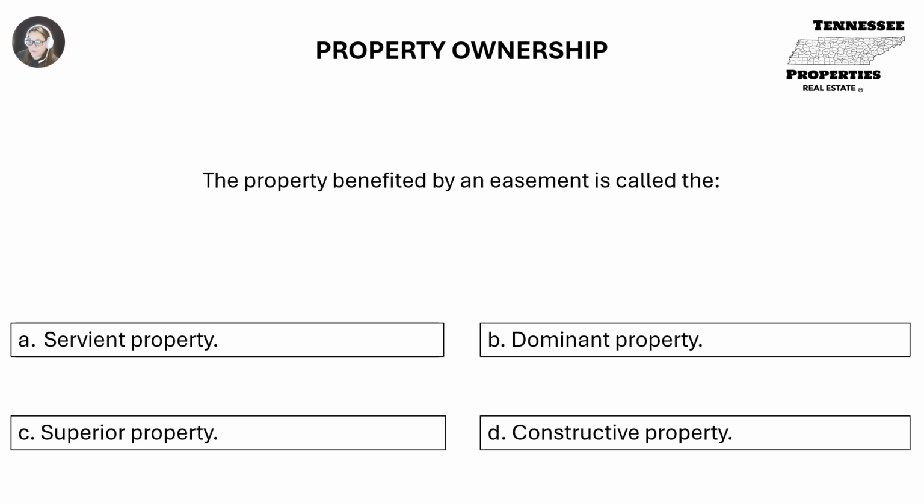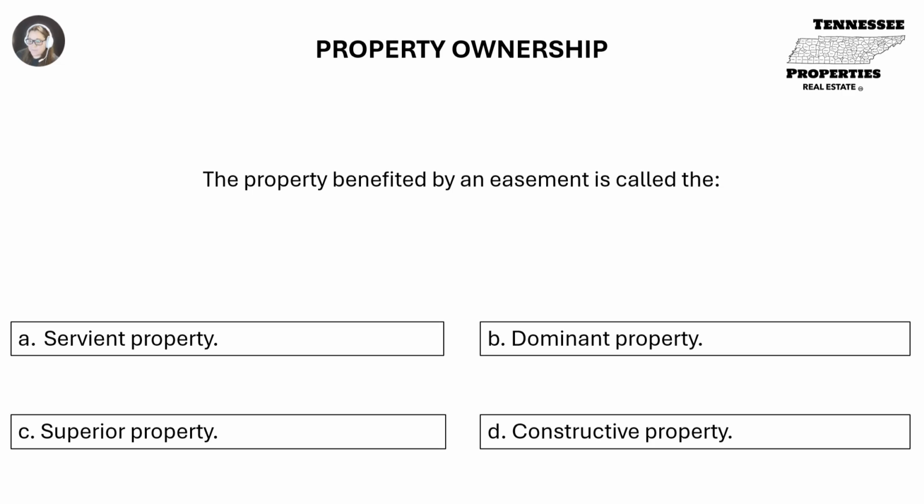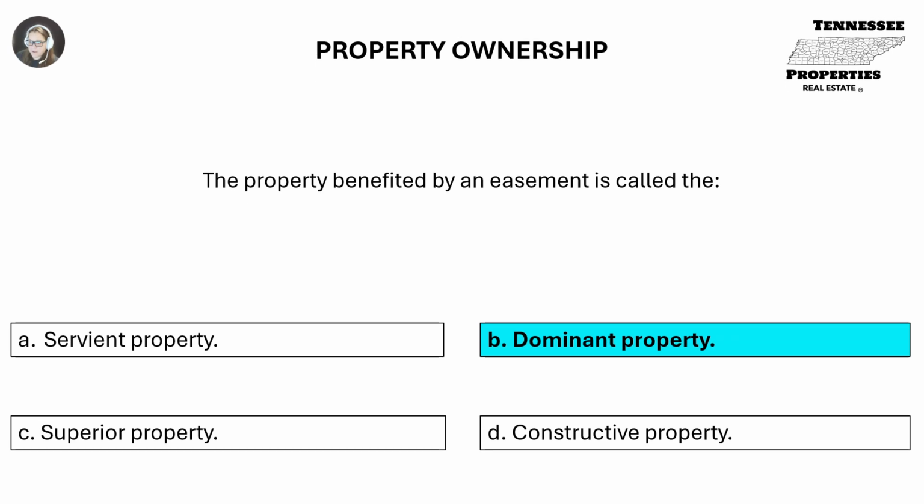The property benefited by an easement is called the A, servient property, B, dominant property, C, superior property, or D, constructive property. B, dominant property.